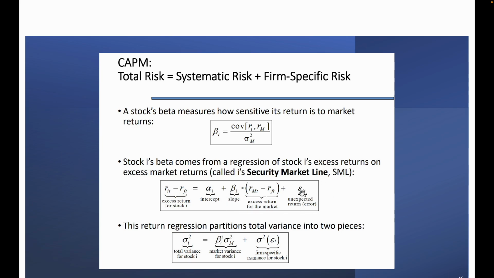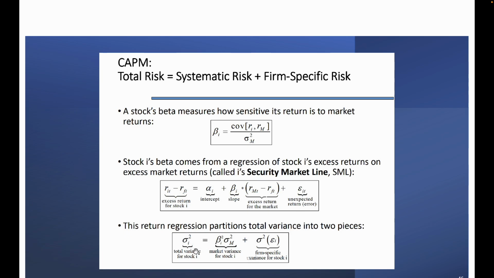Epsilon is idiosyncratic, which means orthogonal to systematic, right? Uncorrelated. Therefore, the variance of the sum is the sum of the variances. The beta is a constant, so the variance of this part here is beta squared times the variance of this, and this is the variance of epsilon.